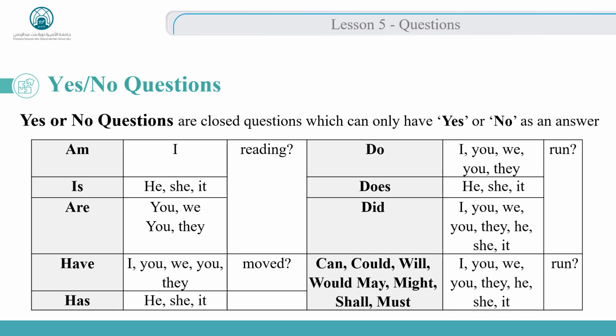When we talked about WH questions, we noticed that the answers are open. We can provide any kind of information in the answer related to place, agent, the action itself, time, etc. But with the other kind of question, the yes-no questions, the answer would be either yes or no. So we can say that yes-no questions are closed questions, while WH questions are open questions.